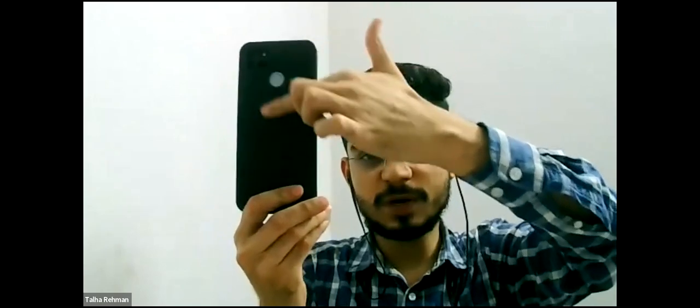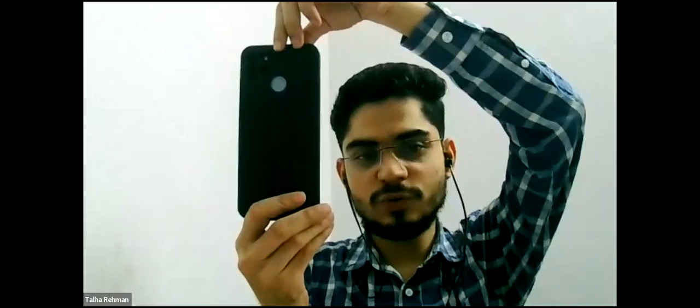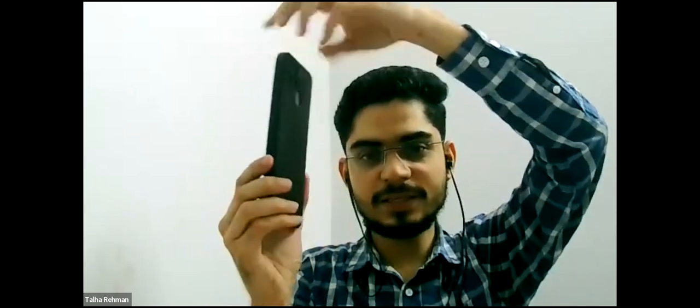So what is happening now? This coil is rotating. What is one complete rotation? This coil is rotated like this, and again like this. So this is the complete rotation.